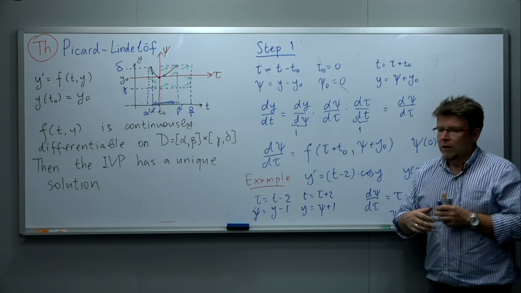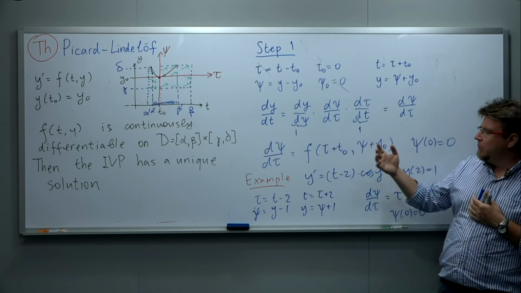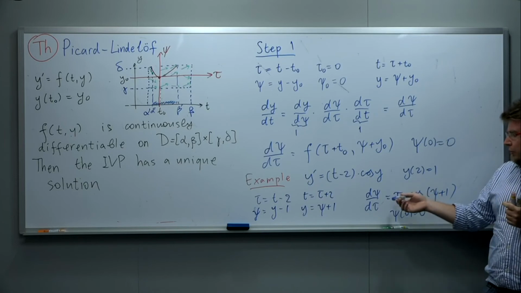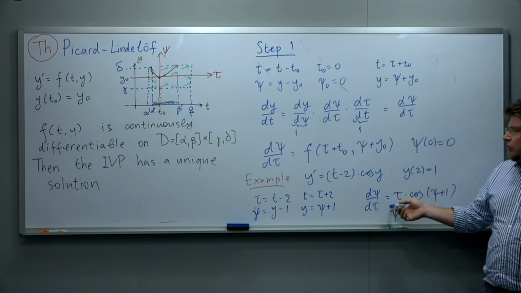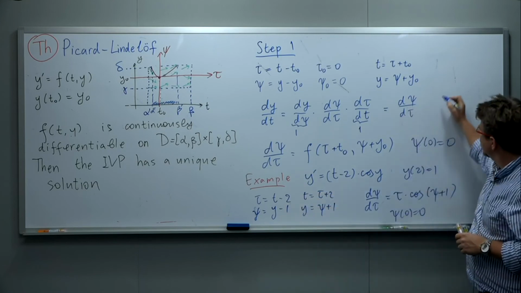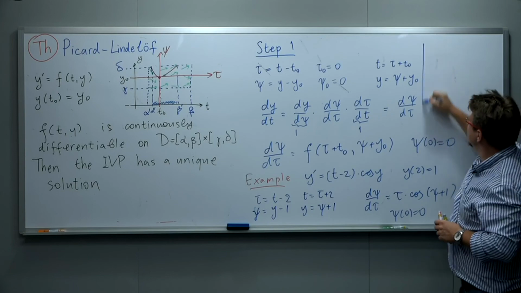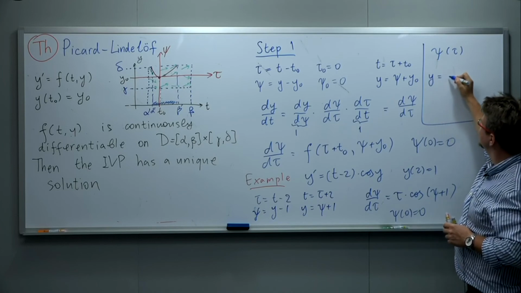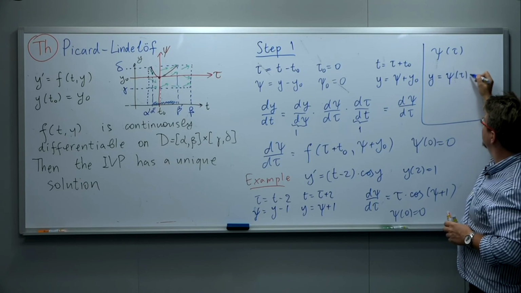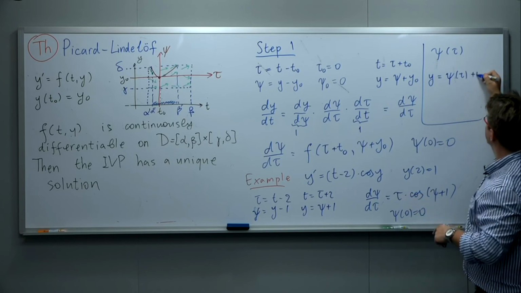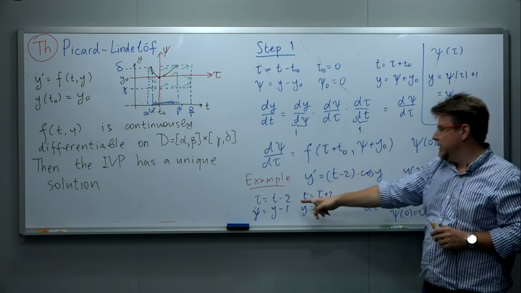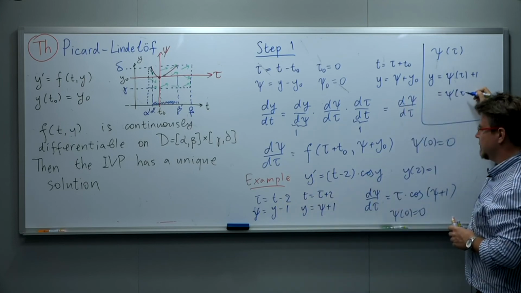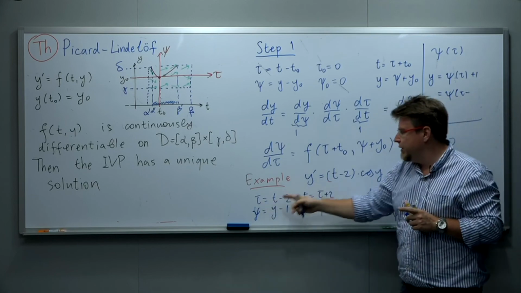Okay, so now our initial value problem is equivalent to this initial value problem, in the sense that if we solve this initial value problem, and we know that psi is some function of tau, then y is going to be psi of tau plus 1, and tau here is going to be t minus 2.